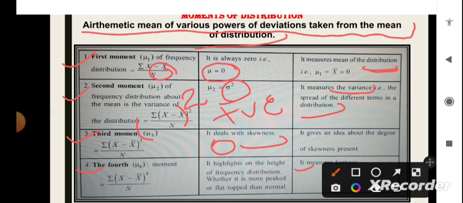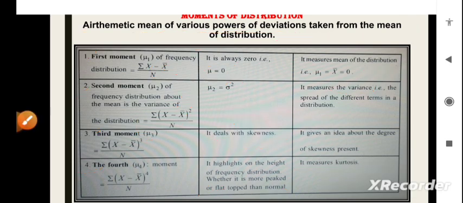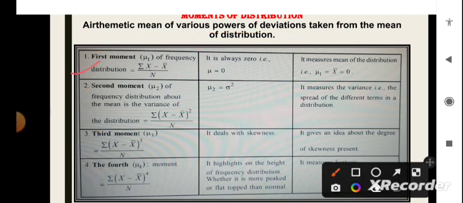It highlights the height of the frequency distribution, whether it is more peaked or flat-topped than normal. Here the first moment and the third moment for normal distribution are always 0, but the second moment and fourth moment for normal distribution may be any positive number but not 0.